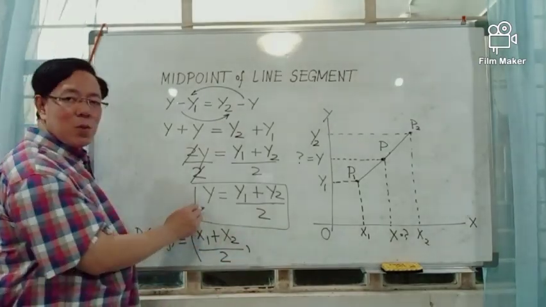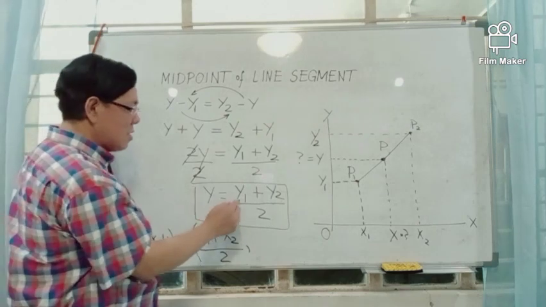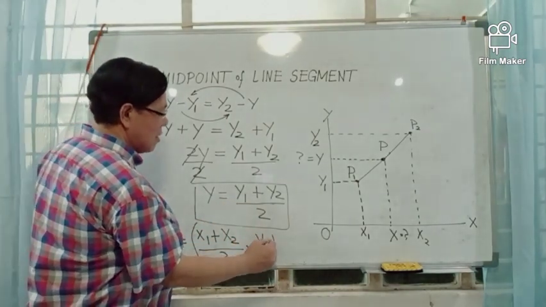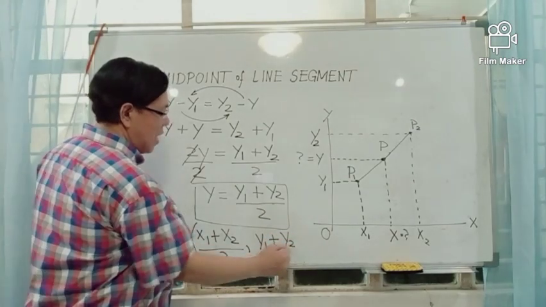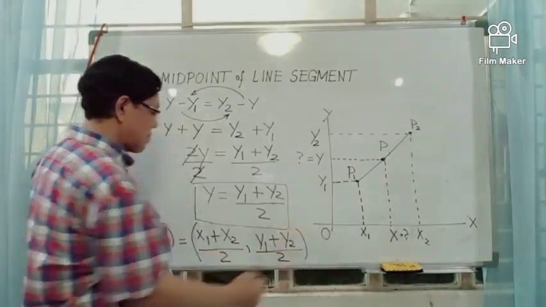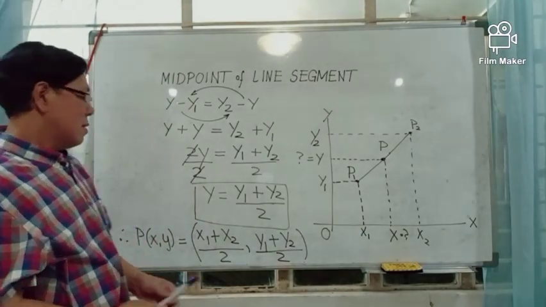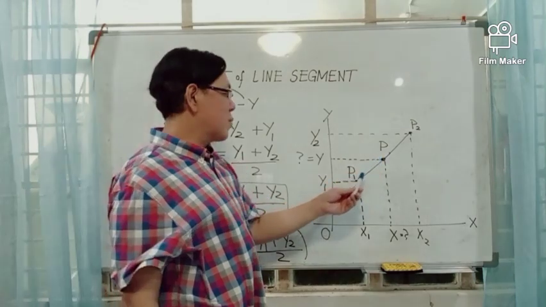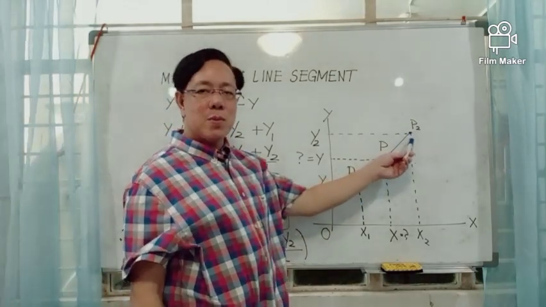And the ordinate y of the midpoint is given by the sum of the ordinates of the endpoints of the line segment divided by 2. These are the coordinates of point P, halfway between P1 and P2.